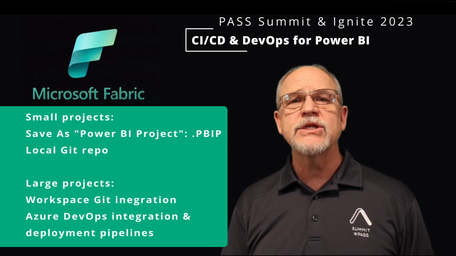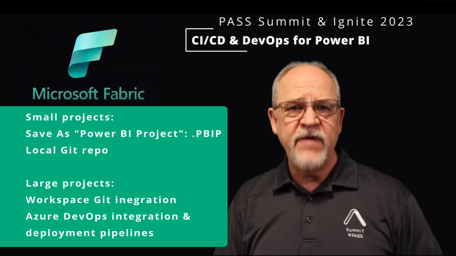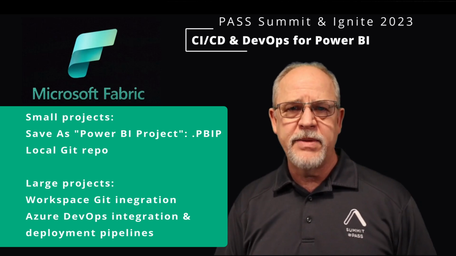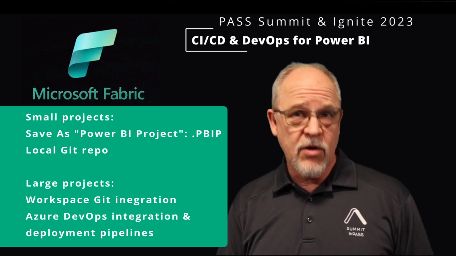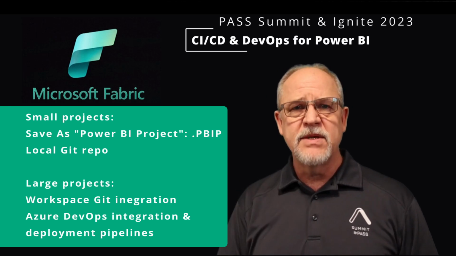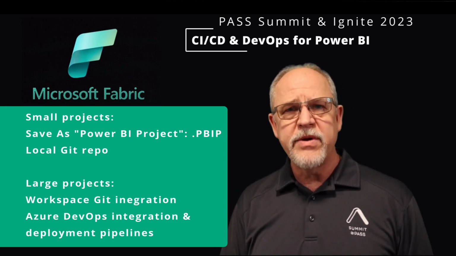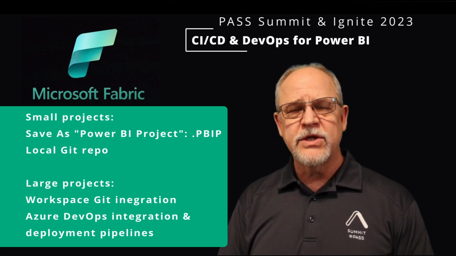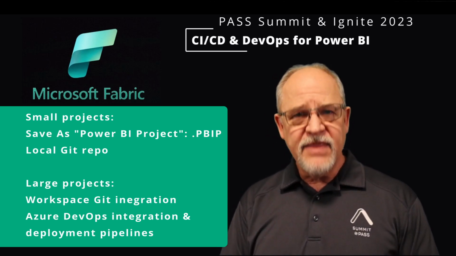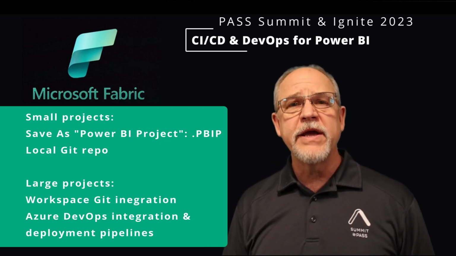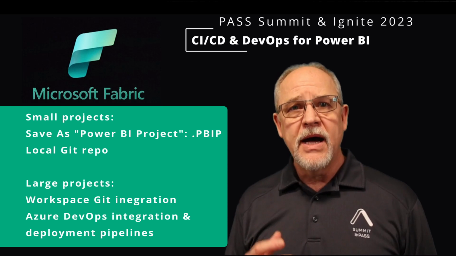And then you can actually graduate up to a more advanced implementation of Git by using the Git integration with Power BI workspaces, or what we will call Fabric workspaces in the future. So that's kind of the medium level. Again, not real hard to do, and you can dip your toe in the water with version control using Git, and then you can also graduate to the more advanced implementation of integration with Azure DevOps.